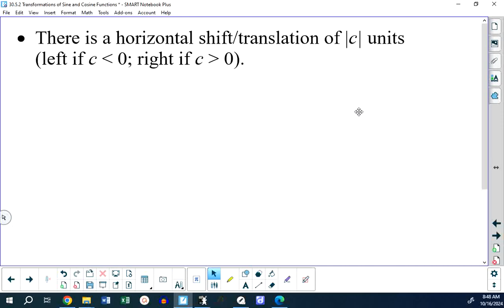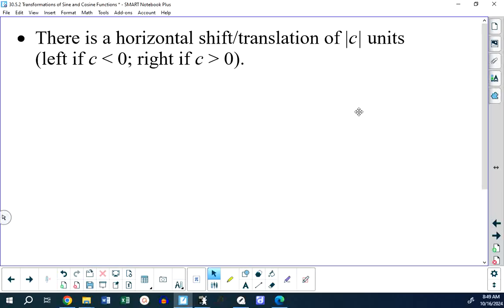So when it comes to h, which is now c, we would normally say that there's a horizontal translation, left or right, by an amount of the absolute value of h units. And if h is negative, it goes to the left, and if h is positive, it goes to the right. This is just the equivalent statement, but changing all the h's in what I just said to c's.